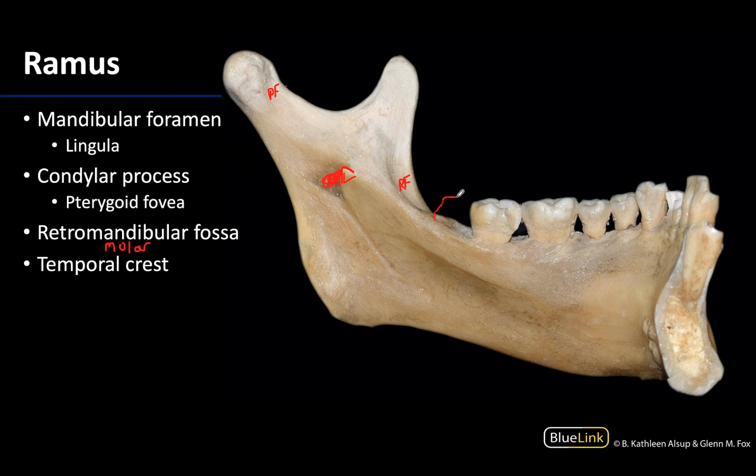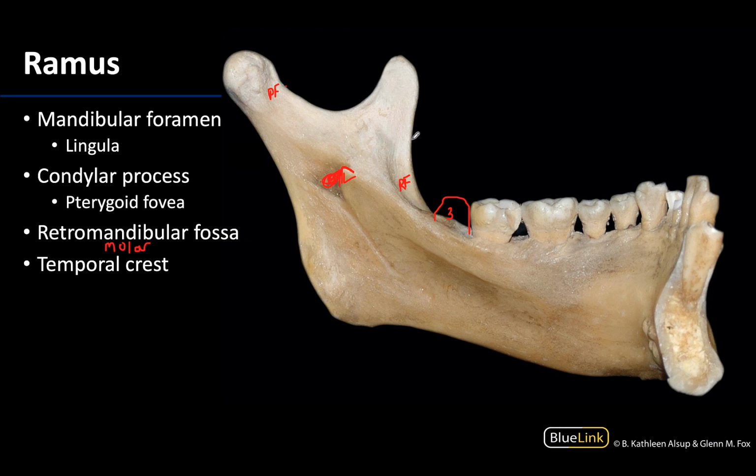In fact, the third molar would be right about here, because this is your first molar and your second molar, and this would be the third molar. So it is just posterior to that third molar, and that relationship between the fossa and the third molar is important, because there's some important vasculature located around this area that people need to be aware of with third molar extractions. The temporalis muscle will often have some tendon that extends into this area as well.